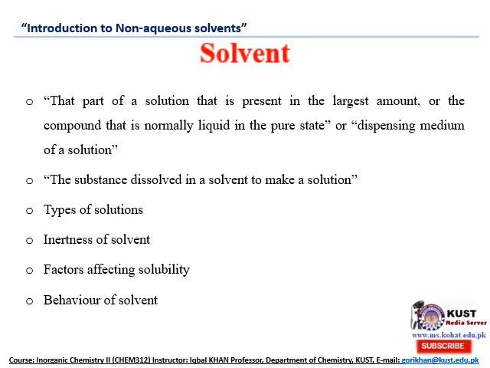Okay, so next we move on to different types of solutions. As we have seen, there are different types of solutions based upon the nature of solvent as well as solute.